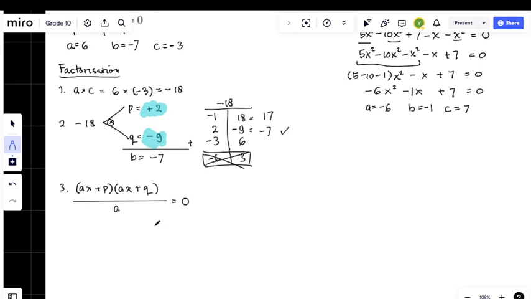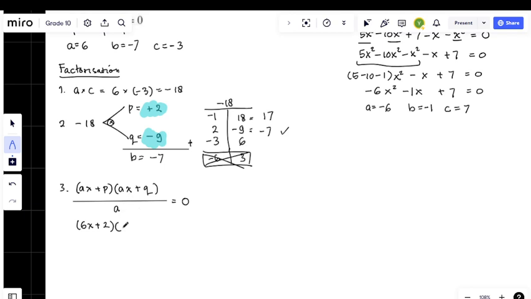Okay, so let's try to substitute the a and the p, also the q here. Yeah, we have a is 6, so 6x plus p, plus 2. Yeah. Don't replace x with any numbers yet. X will remain as an x.